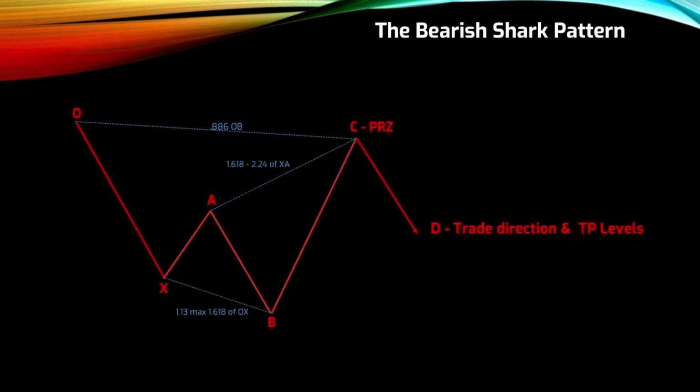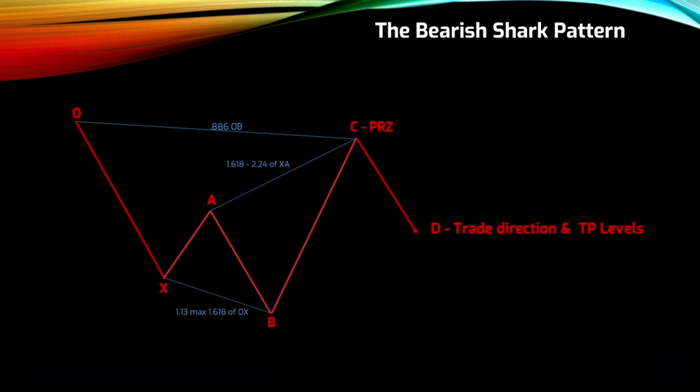bearish shark. Same rules apply, okay? We move from O to X. X retraces to A. We have now set distance. A moves to B, and it needs to be a minimum extension of a 113 or a 1618 from the O to X. Okay, we then look at a X to A extension of a 1618 to a 224, giving us our zone, our area of entry.